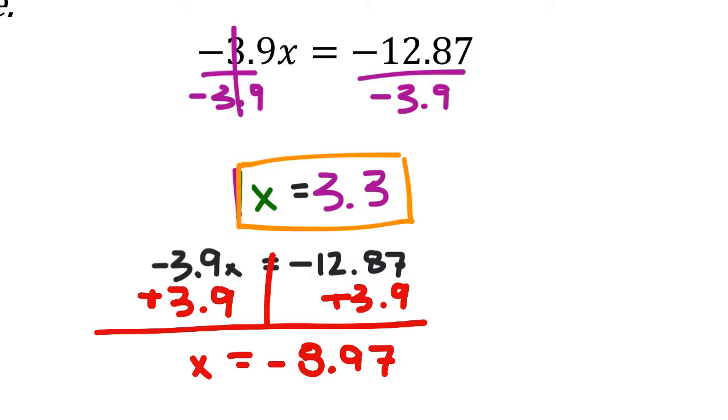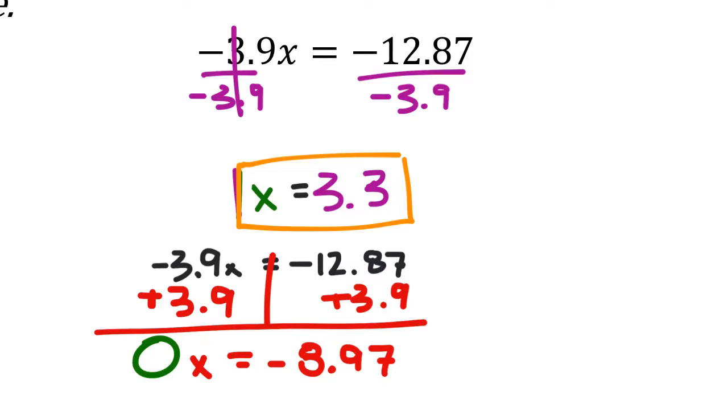Now, the thing with this is, if this was addition right here, let's say that I'm not even considering the x. If I said, well, this is addition, it would end up being 0 right there, actually. Now, we don't want a 0x either, because that's saying we don't have any x. And there's no x that's equal to negative 8.97.